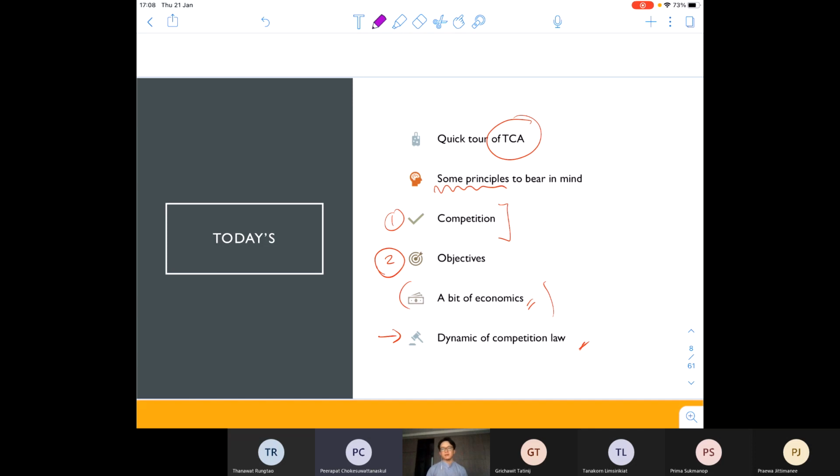And objectives, we covered two important objectives. The first is efficiency and productivity, and the second is welfare. You've learned what it means by consumer welfare, producer welfare, and the sum of both. And these objectives would be like a compass that would guide the way the Competition Commission regulates competition within the market.